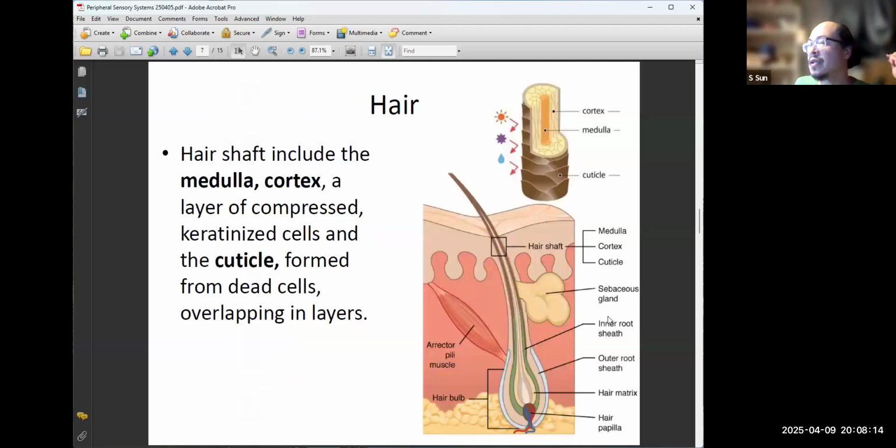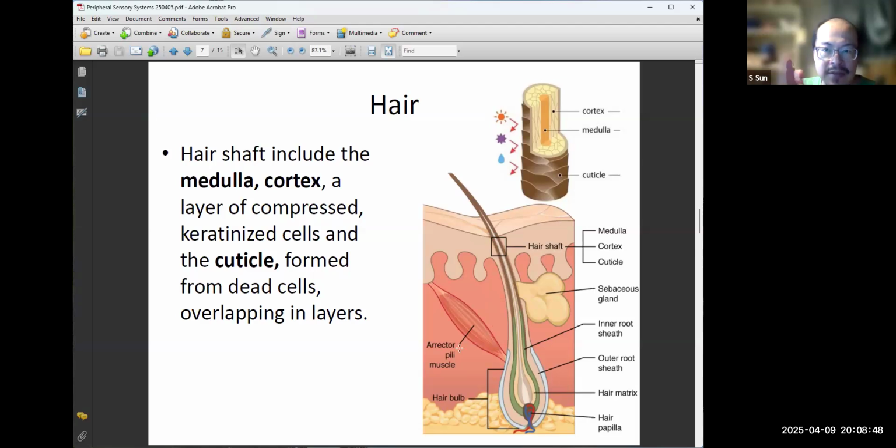Skin has hair. With this one, I just want to provide you a figure to give you the terminology. So here you have the hair. Here, hair is also controlled by a muscle. It's called the arrector pili muscle. This one is controlled by our sympathetic nervous system, so when you are in fight or flight, that will pull your hair, and then your hair will become erect.